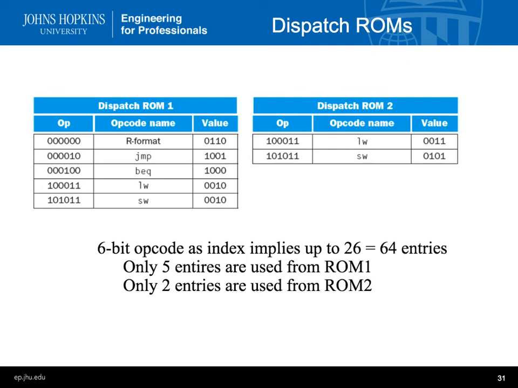So again, ROM1, what's the opcode? If it's an R format, I go to 6 next. If it's a jump, I go to 9 next, and so on. ROM2, here's the opcode. If it's a load word, I go to 3 next, and so on.